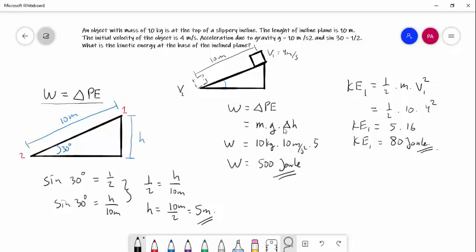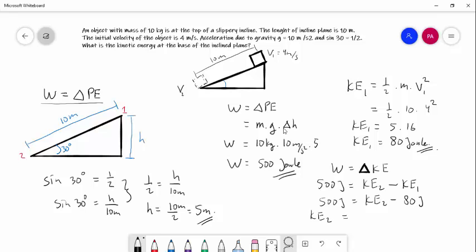So we can put it in this formula. Kinetic energy second minus kinetic energy at position 1. 500 joules equals kinetic energy at position 2 minus 80 joules. Kinetic energy at position 2 equals 500 joules plus 80 joules equals 580 joules.